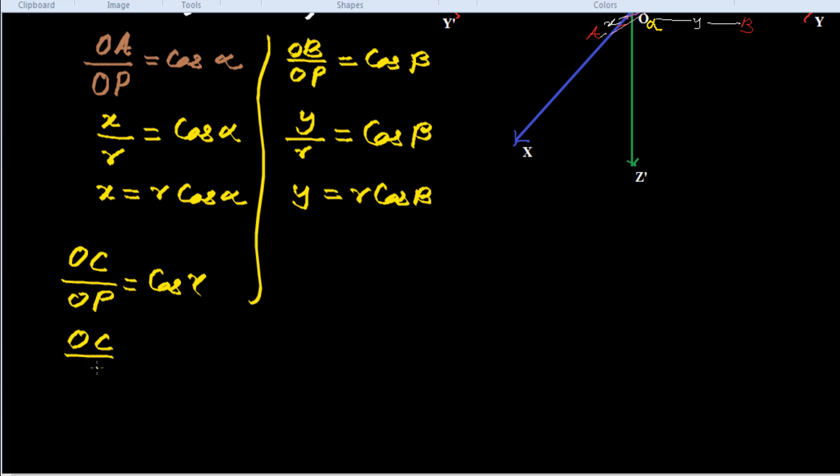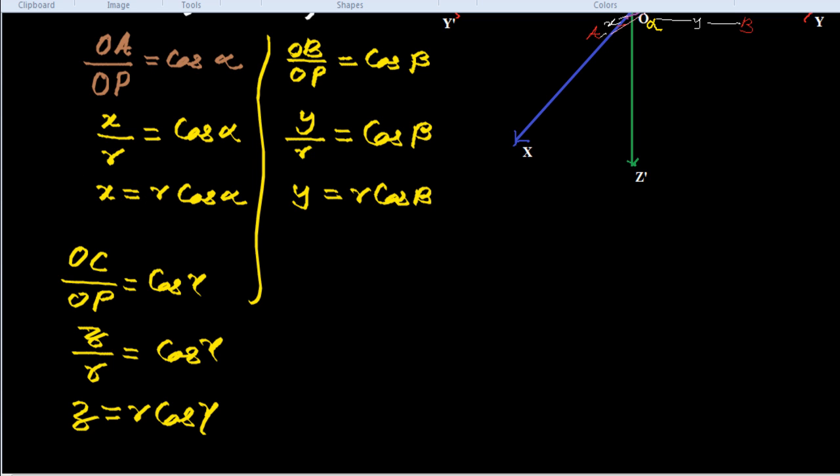OC over r, we know the value of OC, OC is z, so z over r is equal to cos gamma. So z is equal to r cos gamma. So we have got all the direction cosines, we could easily find them if we know these things.